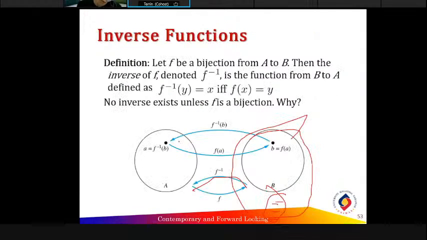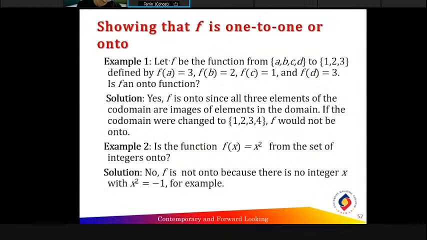Let's look at an example. If f is a function from this set, here instead of giving a label A and B, they are represented by the elements in it. We have set A: a, b, c, d, and set B: 1, 2, 3, and their assignments are already given. f(a) equals 3, f(b) equals 2, f(c) equals 1, f(d) equals 3.